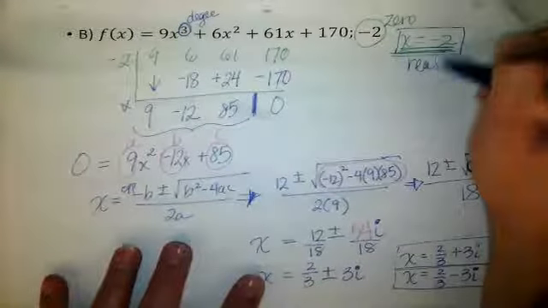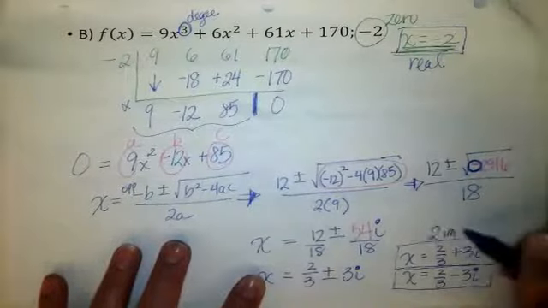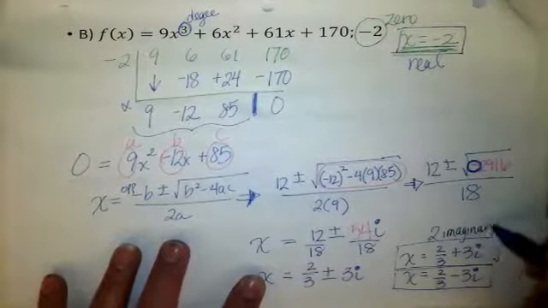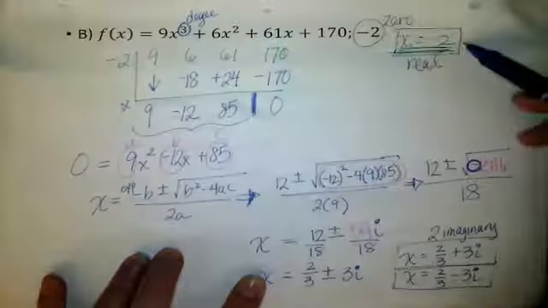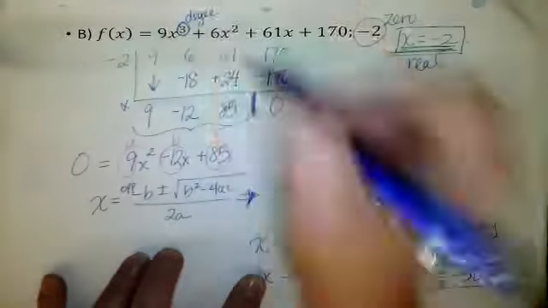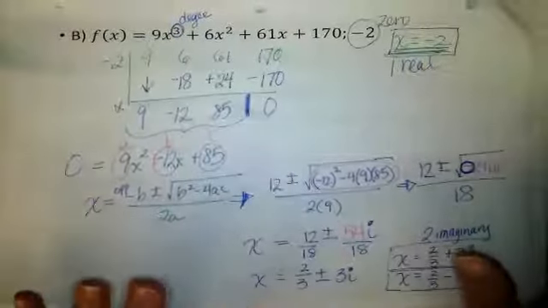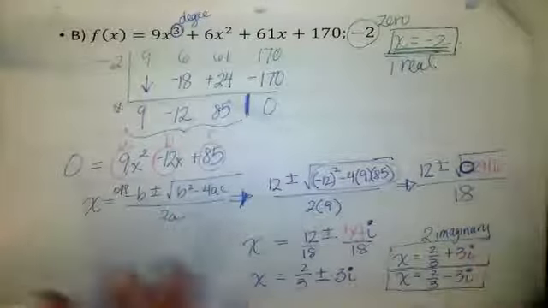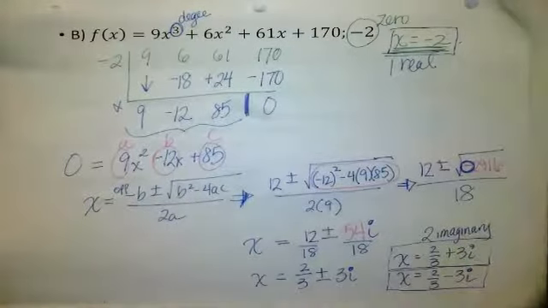So we have one real solution, and then we have 2 imaginary solutions. And if you add those together, you get 3. So there's 1 real solution, 2 imaginary solutions, for a total of 3 complex solutions, okay? And so when you're solving for x, it's important to count those up and make sure you've got them all.